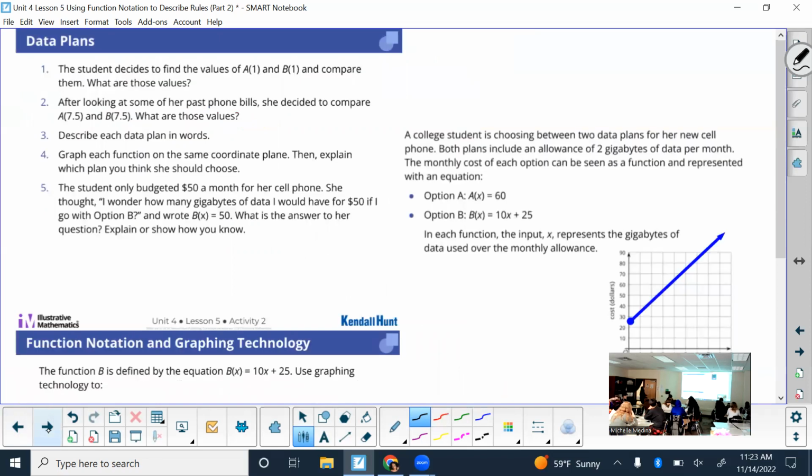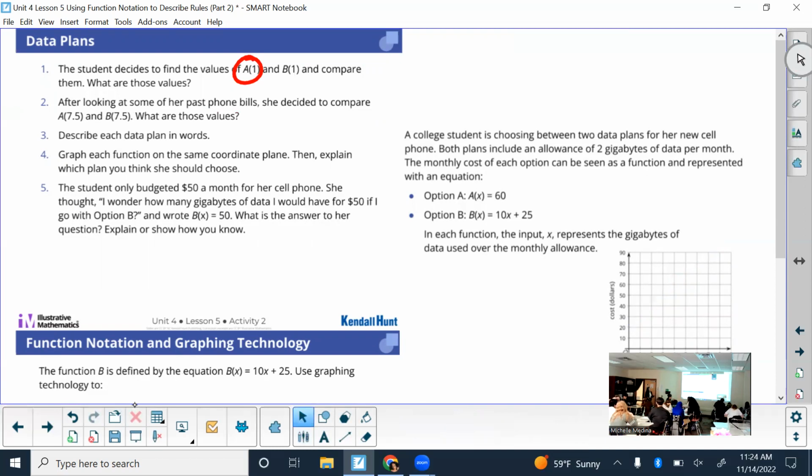All right. So the student decides to find the values of A of 1 and B of 1 and compare them. What are those values? So what does A of 1 mean? What does A of 1 tell you to do? All right, function notation. All I want you to do is tell me what A of 1 is telling me to do. Think of the warm up.